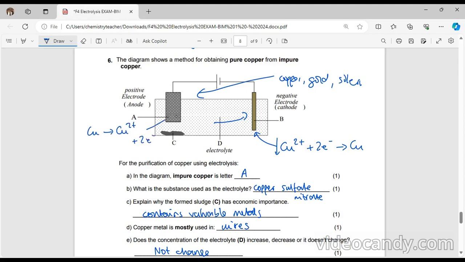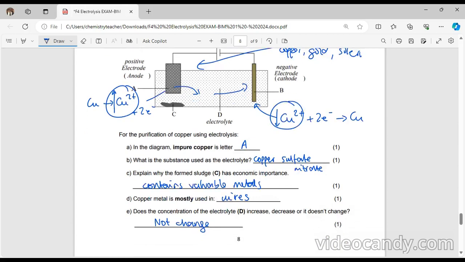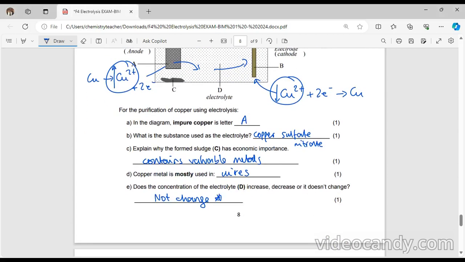Those copper ions enter the solution and then travel across. In that way, the concentration of copper ions is being increased, and that process balances out this process. So overall, there's no change in the amount of copper. Copper is being produced and used up at the same rate, which means there's going to be no change.